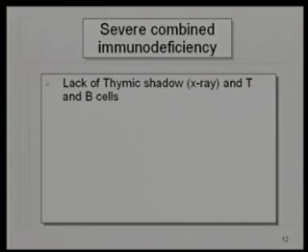Because of lack of T cell and B cell proliferation and expansion, these individuals will not have a very well developed thymus. As a matter of fact, thymus is nothing but a sheath or a sac filled with T lymphocytes. Okay?